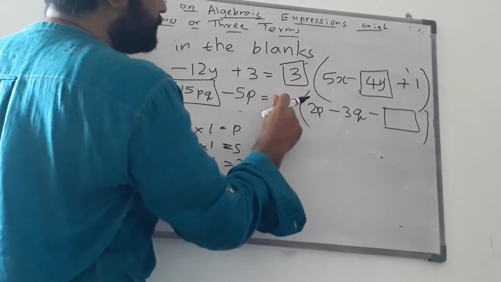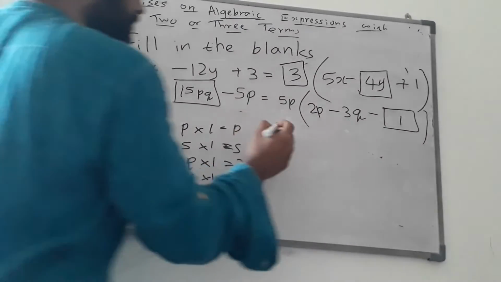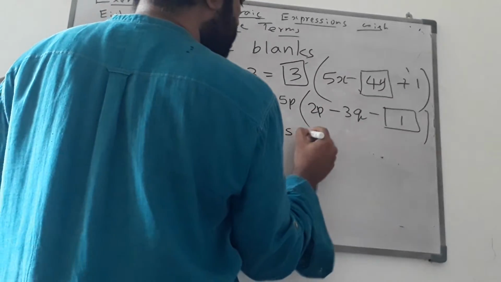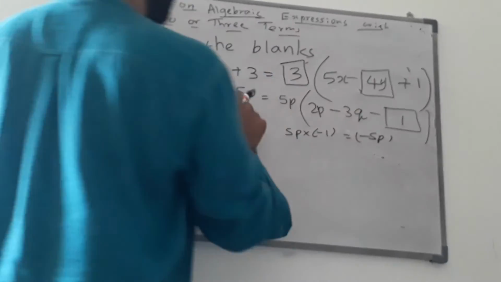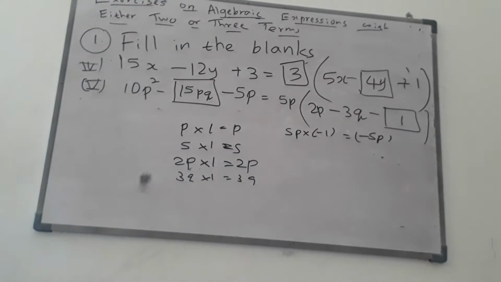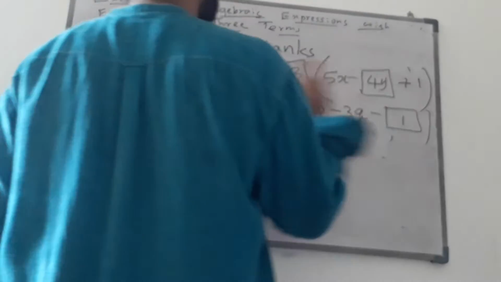Likewise, 5p times minus 1 is minus 5p. Keep it in mind. Or 5p times 1 means 5p.